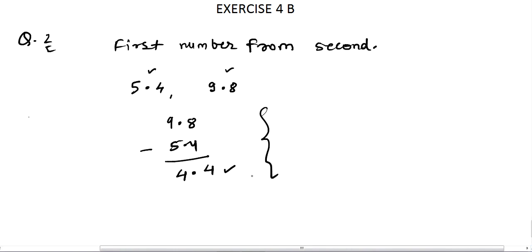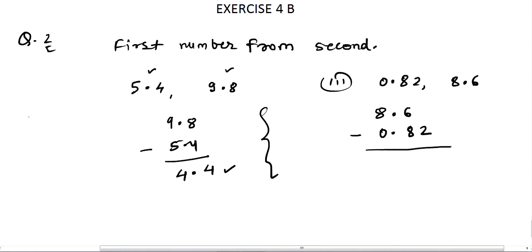Then second, third, I'm solving here third. 0.82 and 8.6. So first write 8.6 minus 0.82. So just write 0 here to make it equal. Now 0 minus 2 you can't subtract, and similarly this is also same.